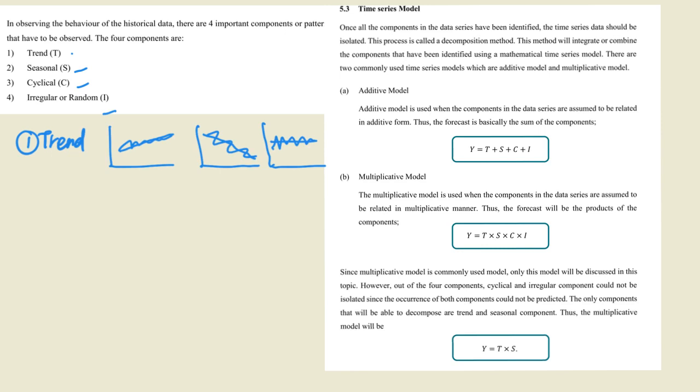And then we have the seasonal component, also known as seasonal variation. It is a behavior where the data series has repetitive fluctuation within a specific period of time. This component can be observed, for example, in higher sales of school uniforms at the end of the year, an increase in the number of dengue cases during rainy season, or a drop in the number of customers in a restaurant during office hours.